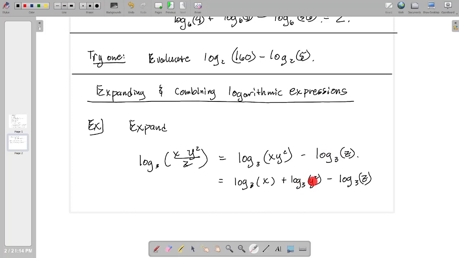We have y to the second power as an input of a logarithm, so I can take this power down to the front of the logarithm. So we end up with log base 3 of x plus 2 log base 3 of y minus log base 3 of z. And that's our final expansion.